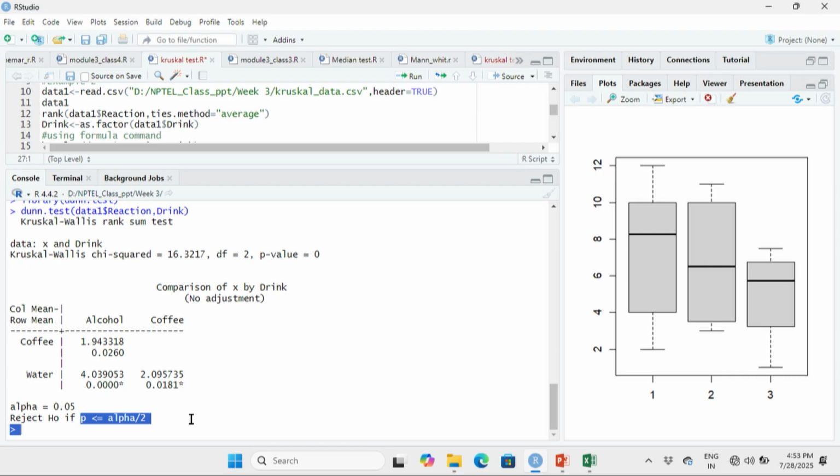Since 0.025 is smaller than 0.026, you may accept the hypothesis that coffee and alcohol are almost the same; the medians are almost the same. So, that is one point not to be missed. When you are performing the Dunn test, you have to check against alpha, not its actual value, but half of the value, because of the coffee-alcohol and alcohol-coffee comparisons; that is why alpha by 2, 0.05 divided by 2.